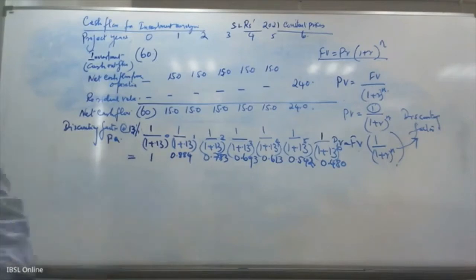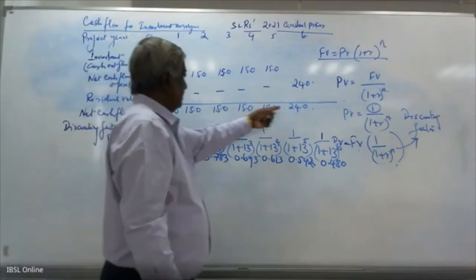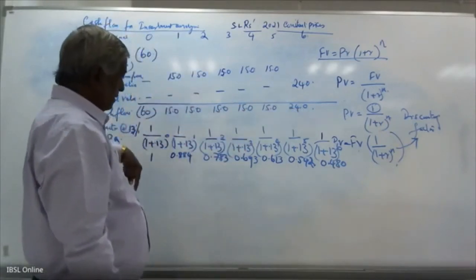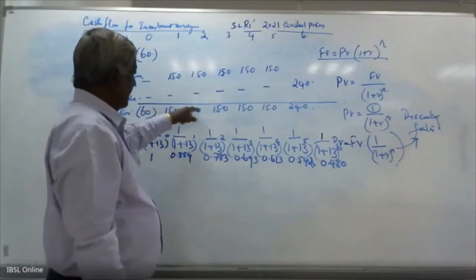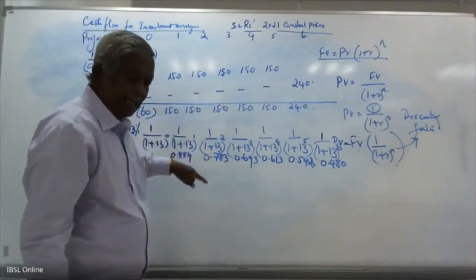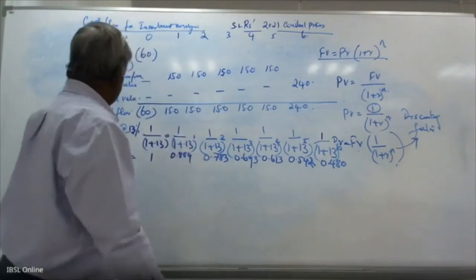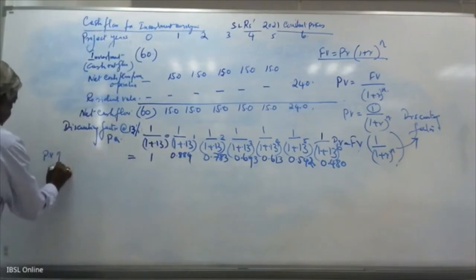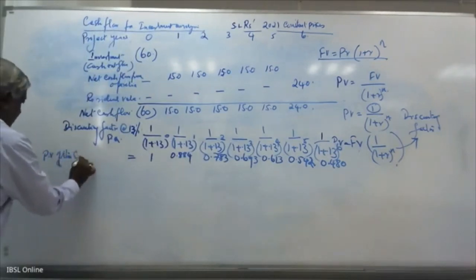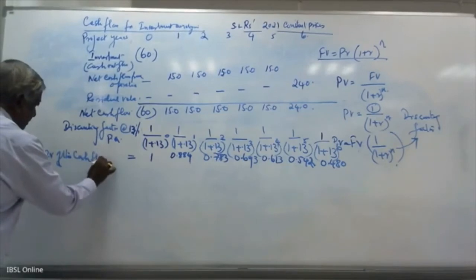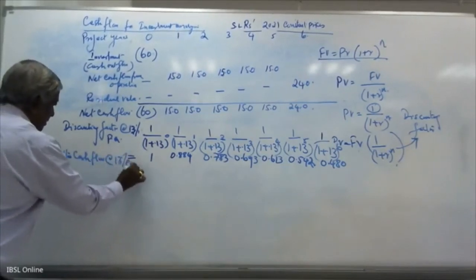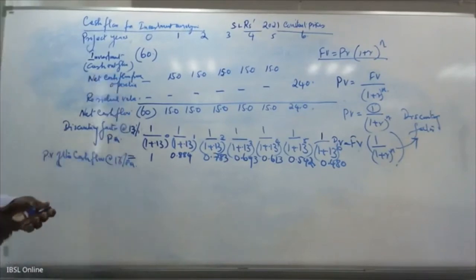Now we have to convert these future cash flows to present value. For that, we multiply the cash flow by the relevant discounting factor. So the PV of the cash flow at 13% per annum.